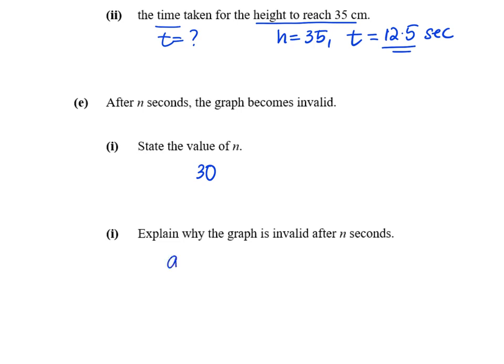Because after 30 seconds, height will become negative, h becomes negative, which is not correct. It's invalid.